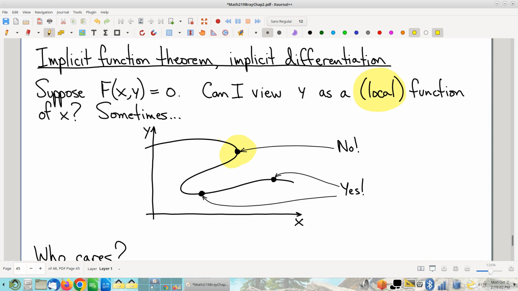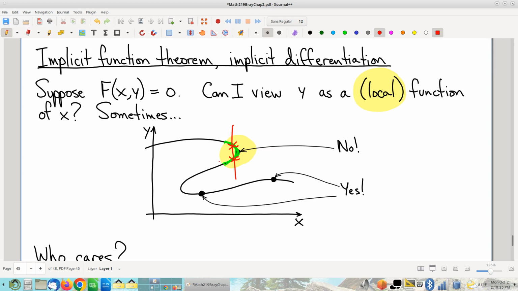If you want to think about y as being a function of x, you're in pretty big trouble at this point, because the curve, however little of it you look at, however locally you restrict your attention, you're going to fail the vertical line test. That's intrinsic to what the curve is doing there. Is everybody on board? Okay.